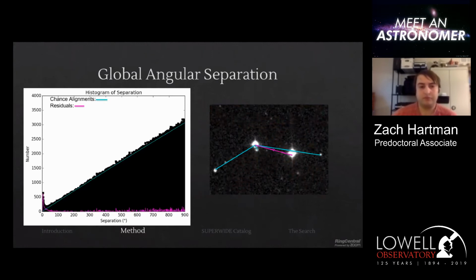The way we figure out which ones are true pairs and which are chance alignments is we construct another catalog, where we take our star, shift it to a different part of the sky, and compare it to other stars in that area. This essentially gets rid of the real binaries. So step one is looking at the distribution in general.